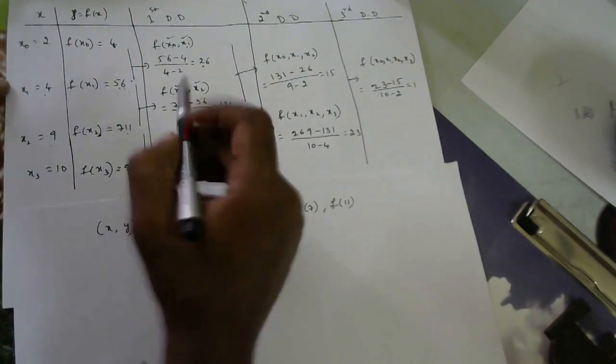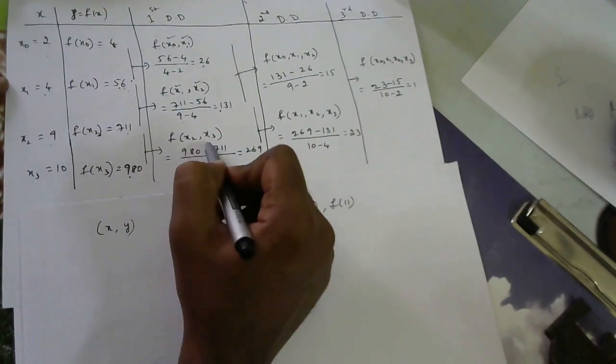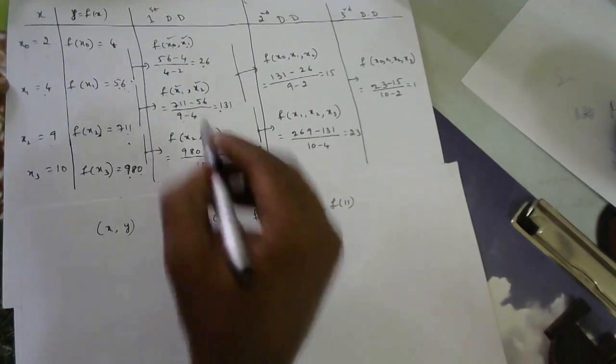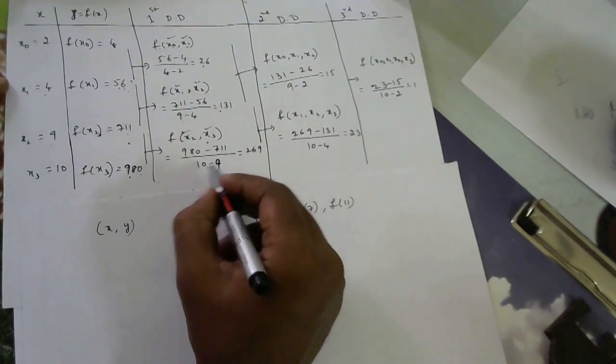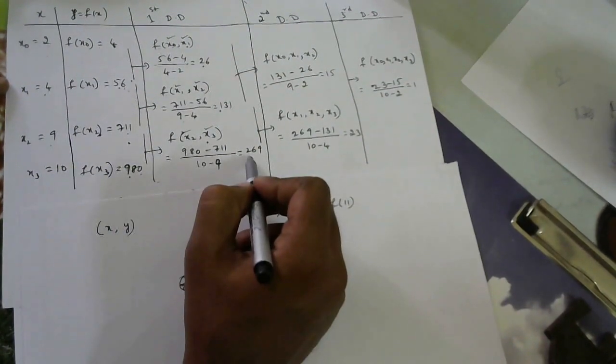And here f of x2 comma x3, so 980 minus 711, last term minus first term, 10 minus 9, so we'll get 269.